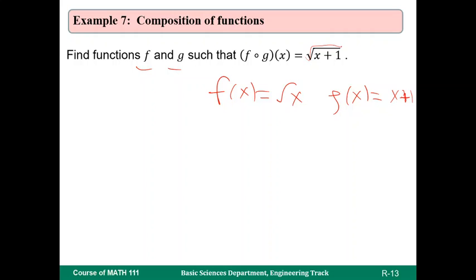You can also write it in different ways. You can write g of x is x, and f of x is the square root of x plus 1.